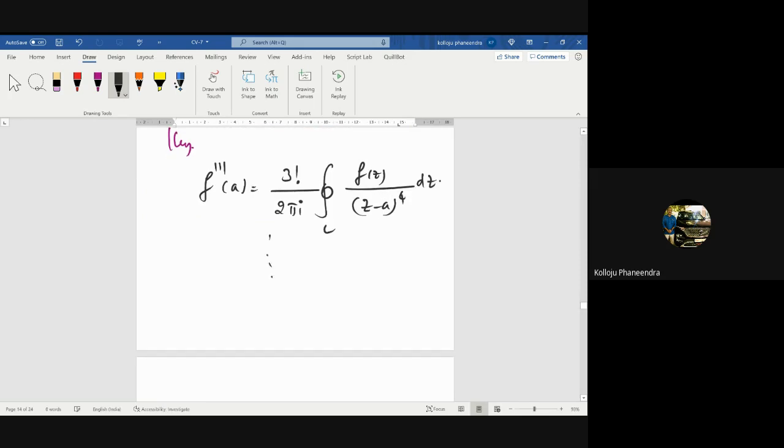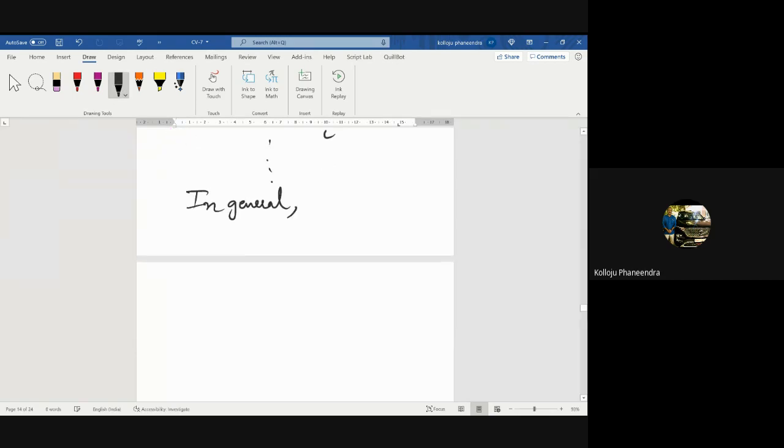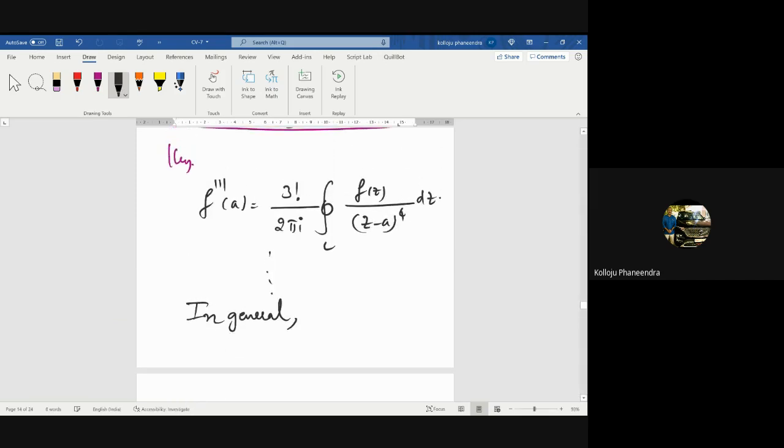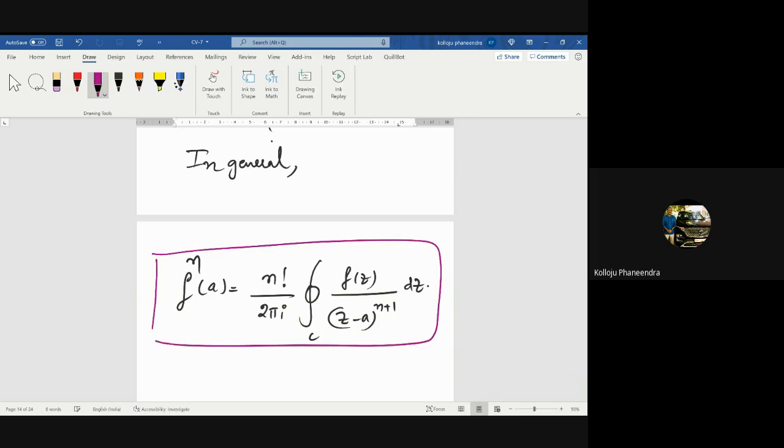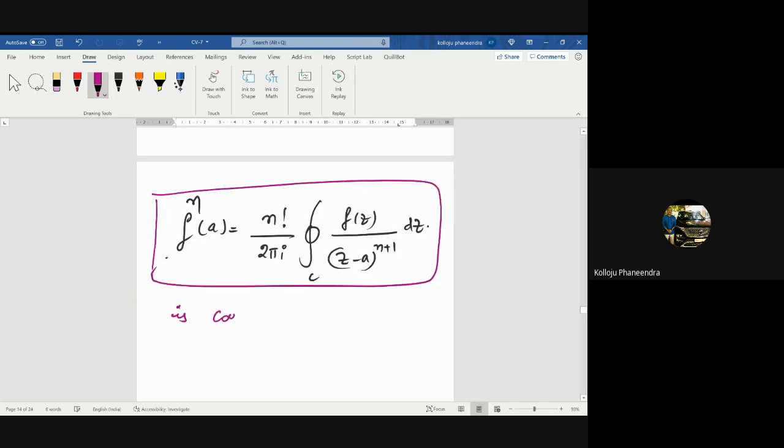In general, you have to remember this formula: the nth derivative of F at A equals n factorial by 2 pi I integral over C F of Z by Z minus A whole power n plus 1 dz. This is the Cauchy integral formula for derivatives.